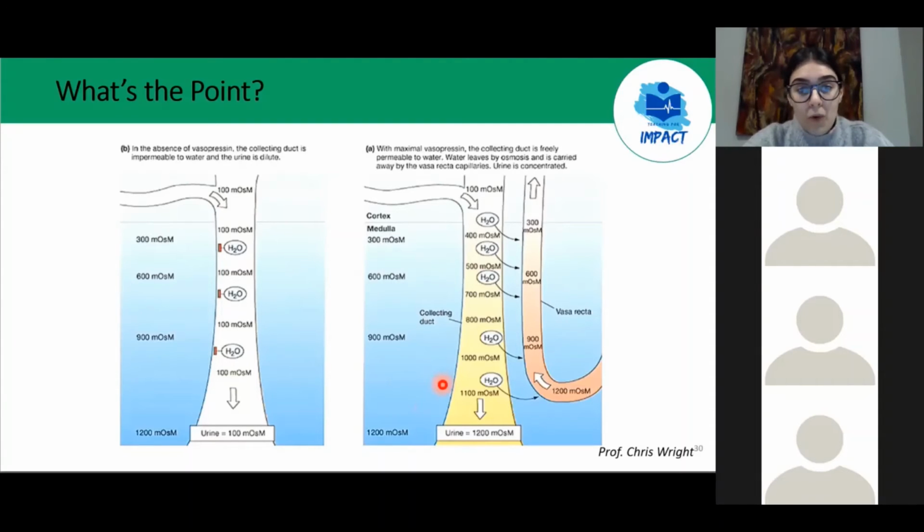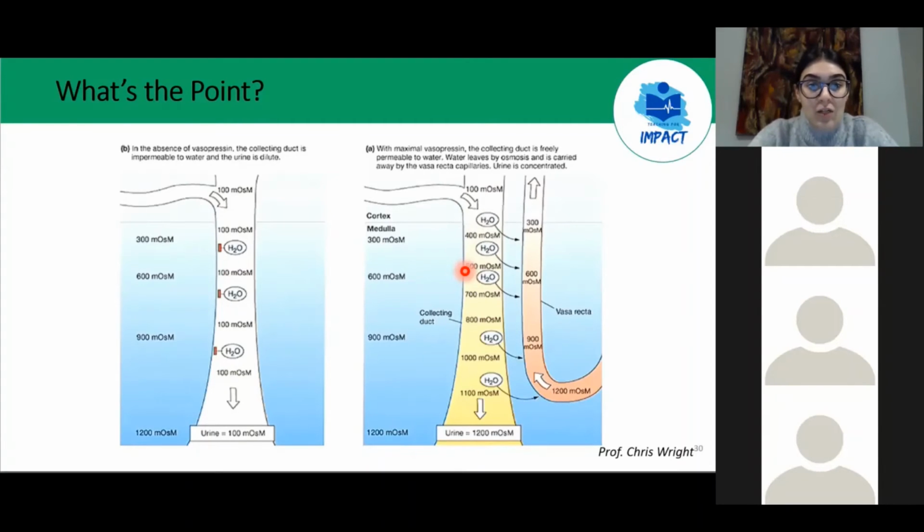So that is the whole point of the countercurrent mechanism. When the aquaporins are inserted into the membrane, the water will rush out down its concentration gradient because we have this really hyperosmotic medulla. If we didn't have that countercurrent mechanism, the medulla wouldn't be concentrated, so when these aquaporins were inserted, the water wouldn't move because there's no concentration gradient.